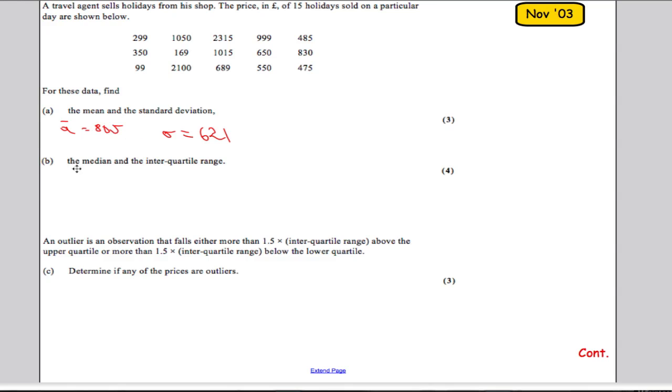Now in order to get the median and the interquartile range, the first thing I'm going to do is put the data in order. So the lowest value is 99. Next we have 169. Any more in the 100s? No. 200s: 299. Any more 200s? No. 300s: 350.